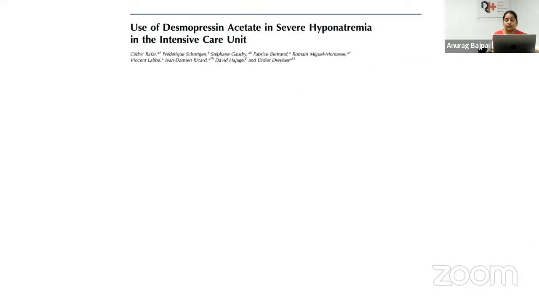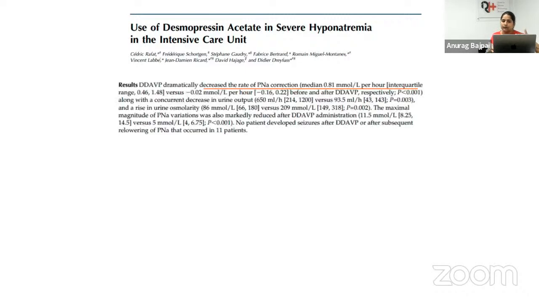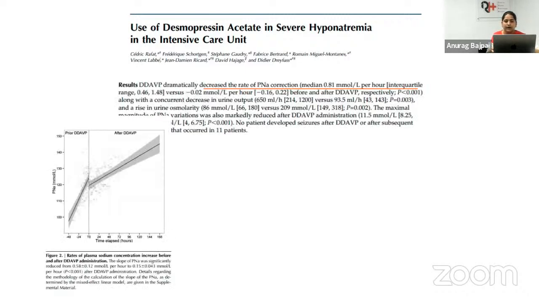So here's a case report showing the use of desmopressin in lowering the rate of sodium. If we have a patient in which the rate of correction is going above 16 or greater than 8, we can use the desmopressin. In this, they have shown that after the use of desmopressin, the rate of sodium correction has gone from 0.58 to 0.15 per hour.